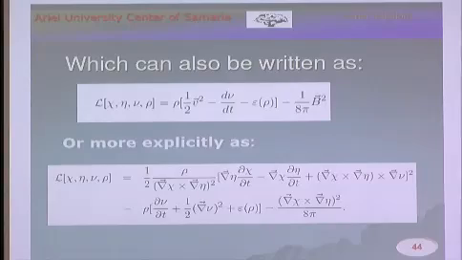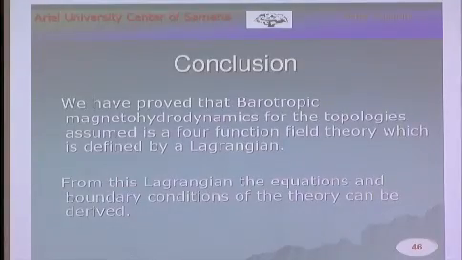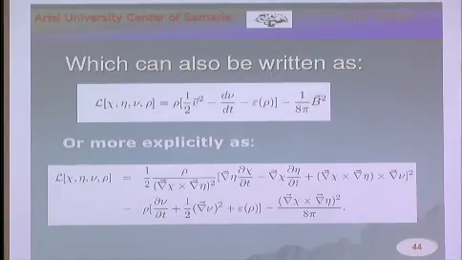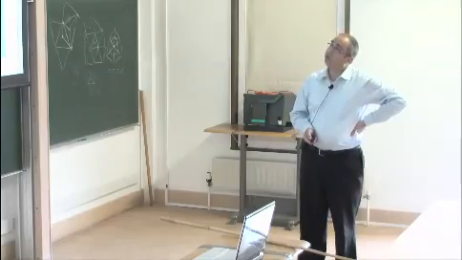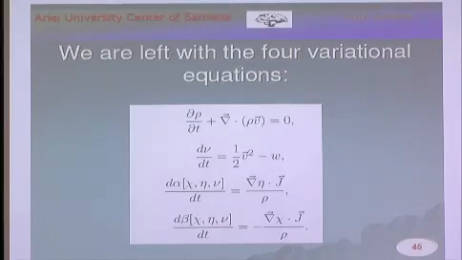And after rearranging things, you can have either a compact form in which v and B, of course, depend on the functions as we described before, or you can write it explicitly in terms of chi, eta, nu, and rho, so you have a four-function field theory of magnetohydrodynamics. Okay, those are the equations, only four equations.